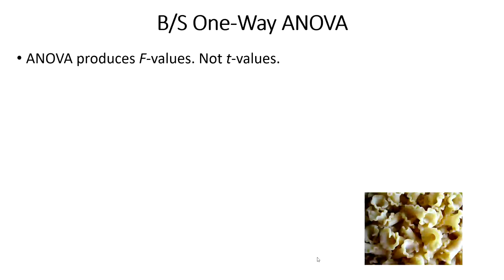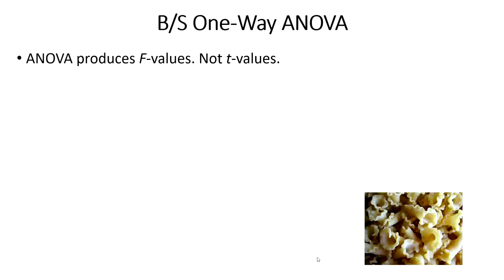So before we start to look at SPSS output, let's talk about the general approach to interpreting ANOVA. ANOVA produces F values, not t values. If you remember, the two steps for any inferential test is we first calculate the inferential value. For ANOVA, we have an F value.